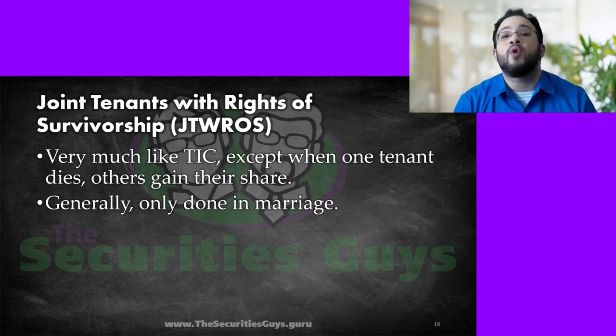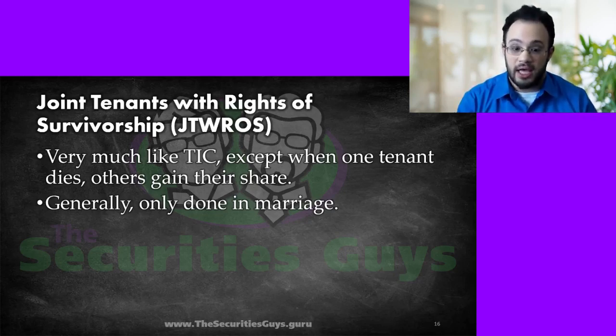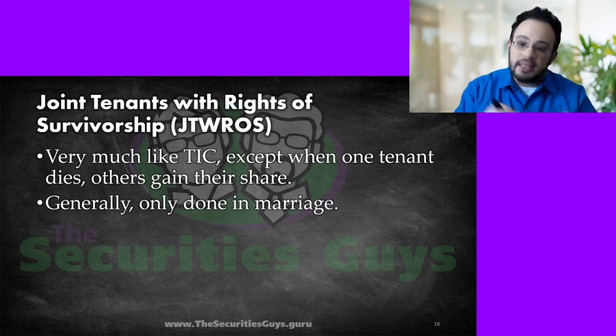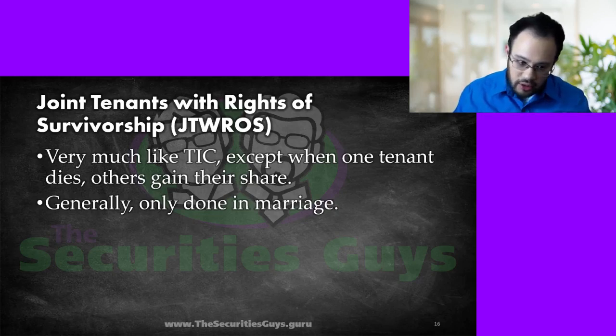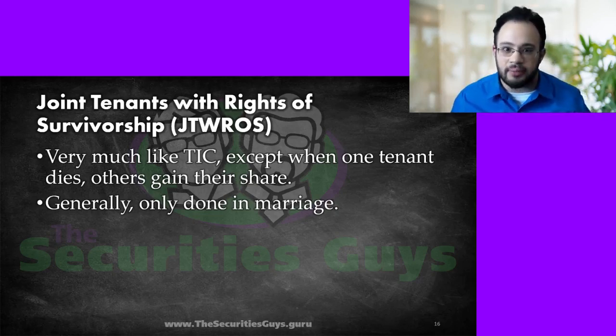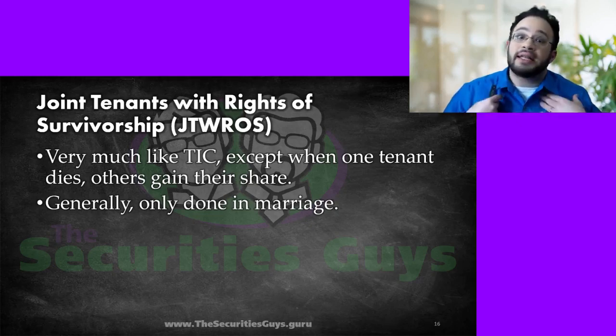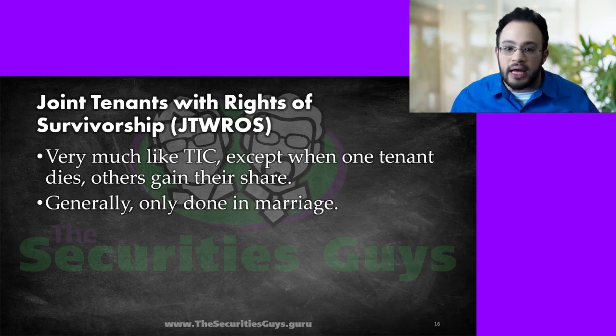If my wife and I were going to open a TIC, and I died, my share is frozen, left to my estate, her. She gets that money and puts it back in the account, and that's a whole bunch of wasted time. Whereas with joint tenants with rights of survivorship, when I die, she just inherits. She just gets the money. It's now her account. That's the difference here, but everything else is the same between them.